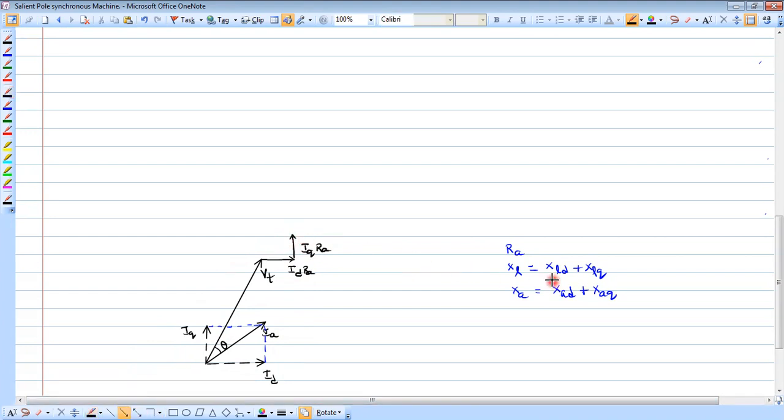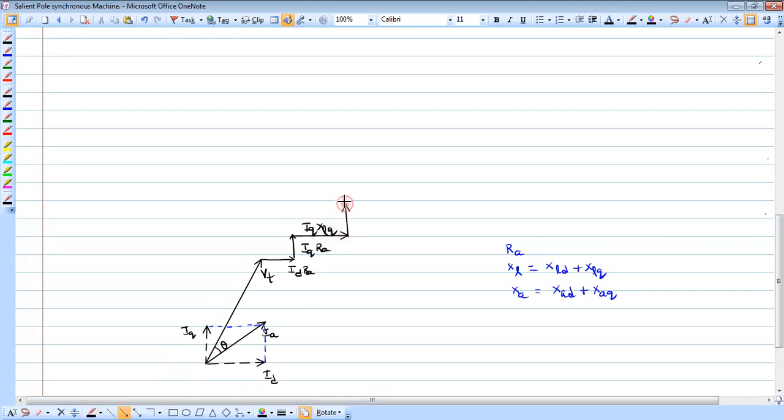Again, we need to represent the leakage reactance drop, so it is a reactance. If you consider this Id, and this Iq, it is vertical, right? Then Iq Xlq will be like this, isn't it? So this will be Iq Xlq.